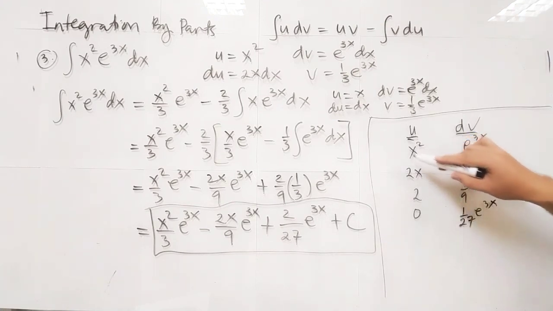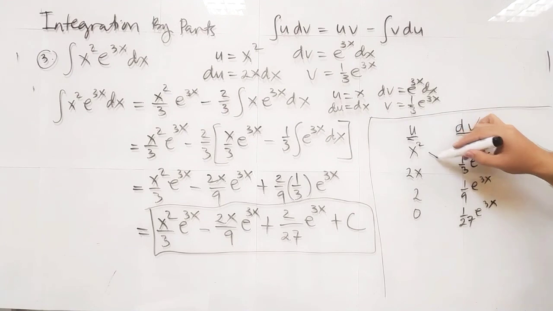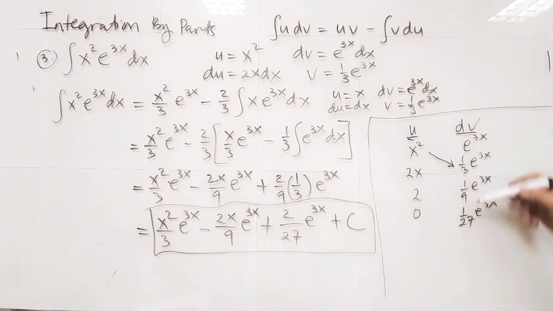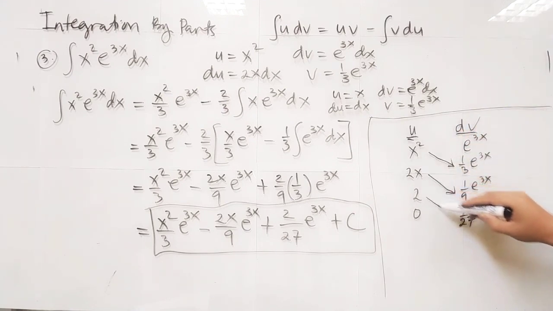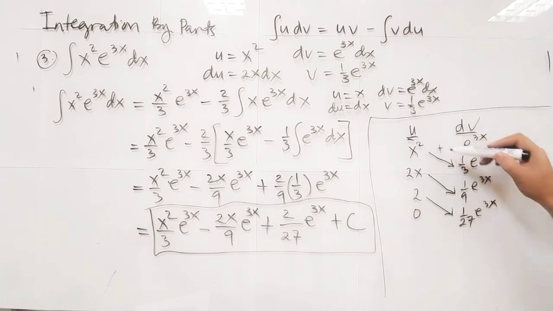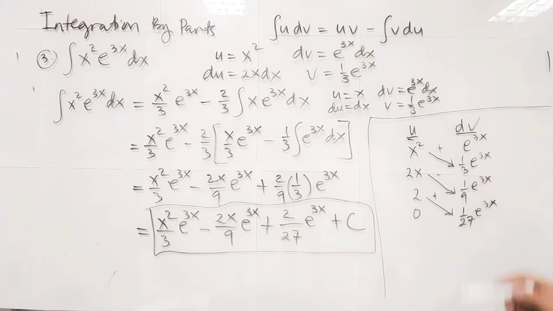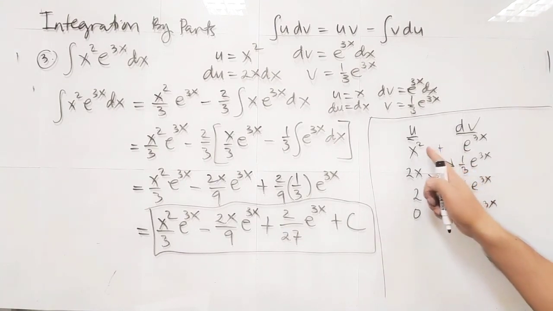Then, using the first variable combined with the second variable of your dv, you have this. Usually the signs alternate: plus, minus, and so on. So we combine these.